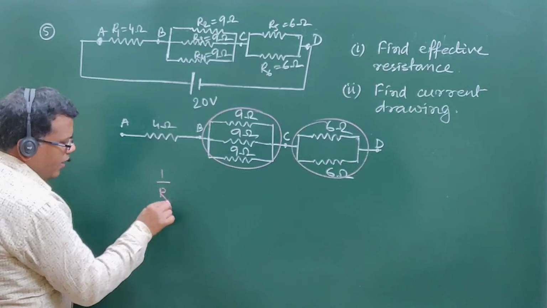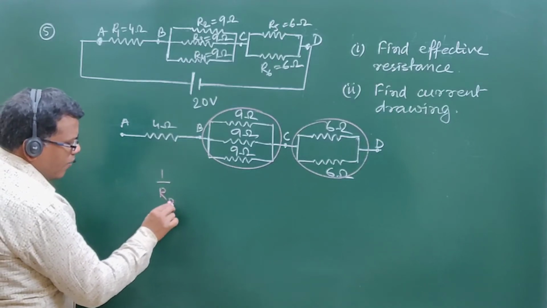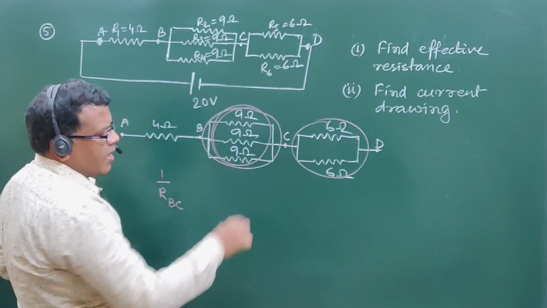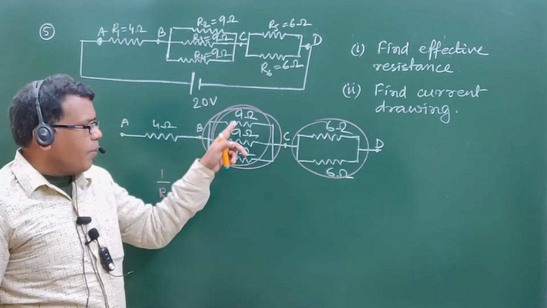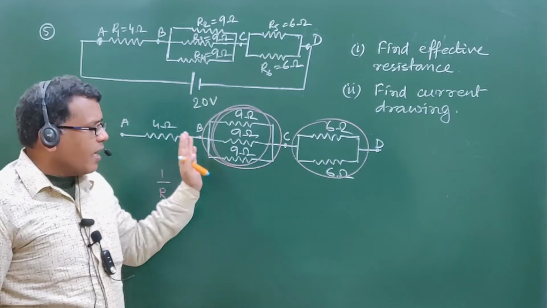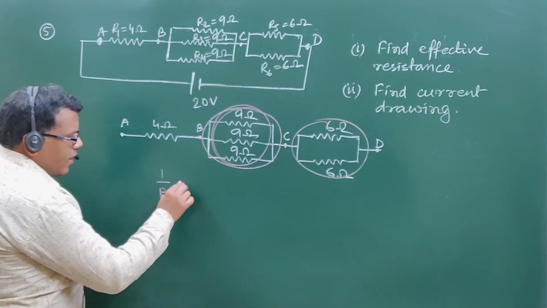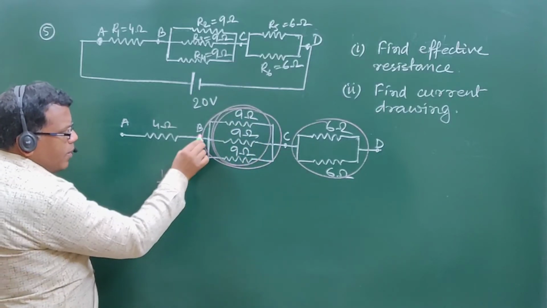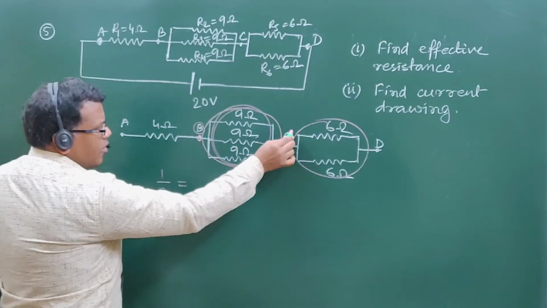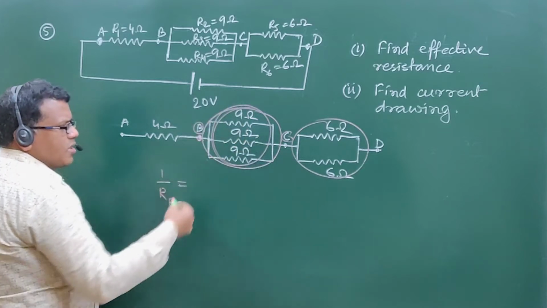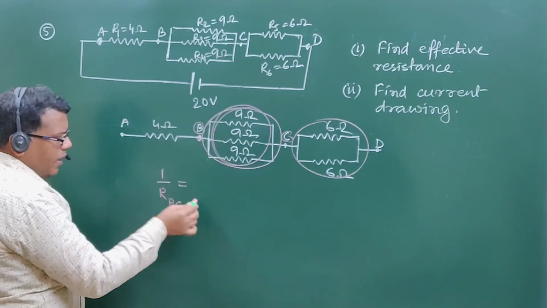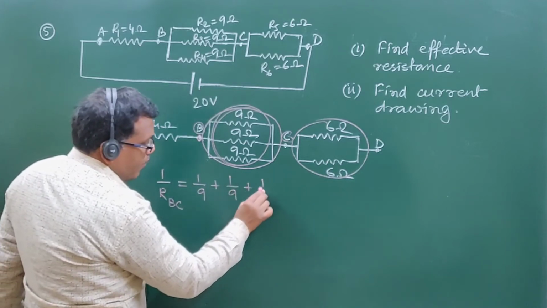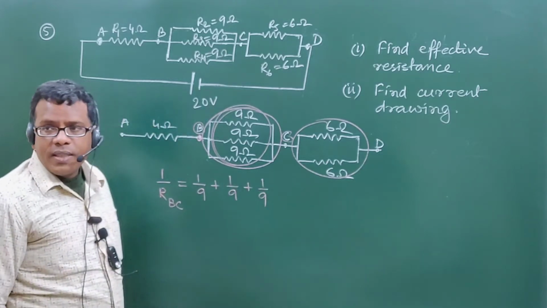If I do the calculation of RBC, that means I want to know the single resistor that will replace these three resistors connected between B and C, then what should I do? The assumed effective resistance is RBC, because these three are parallelly connected between B and C. So 1 by RBC is equal to 1 by 9 plus 1 by 9 plus 1 by 9, isn't it?